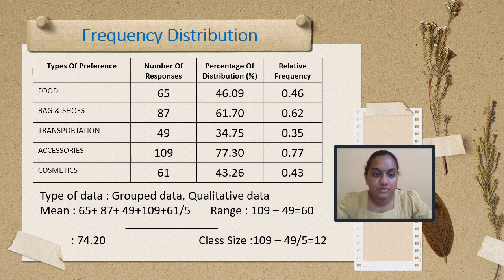When we focus on the main, it is accessories. The number of responses is 109, and the percentage of distribution on the bar chart is 77.3, and the relative frequency is 0.77.